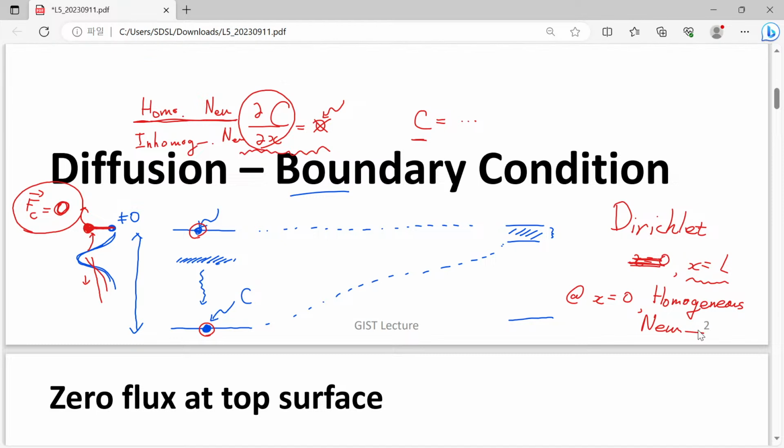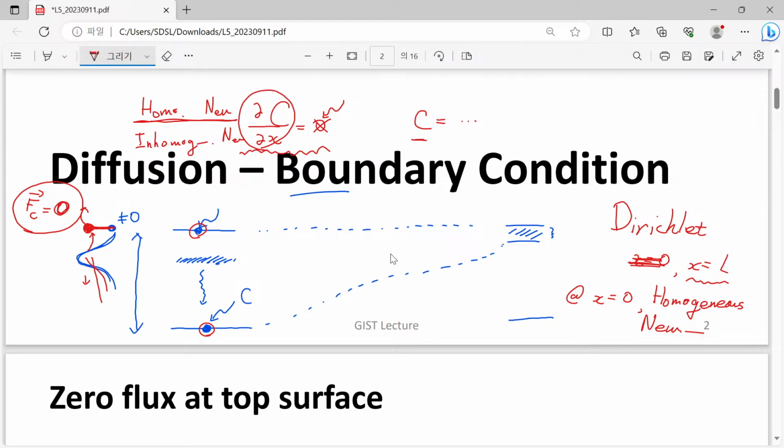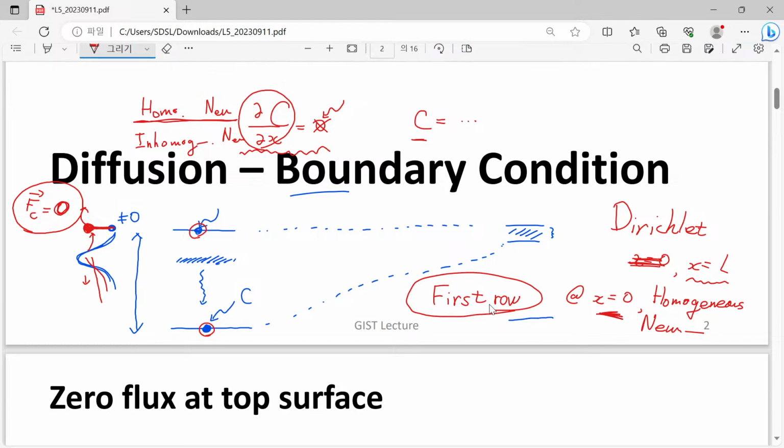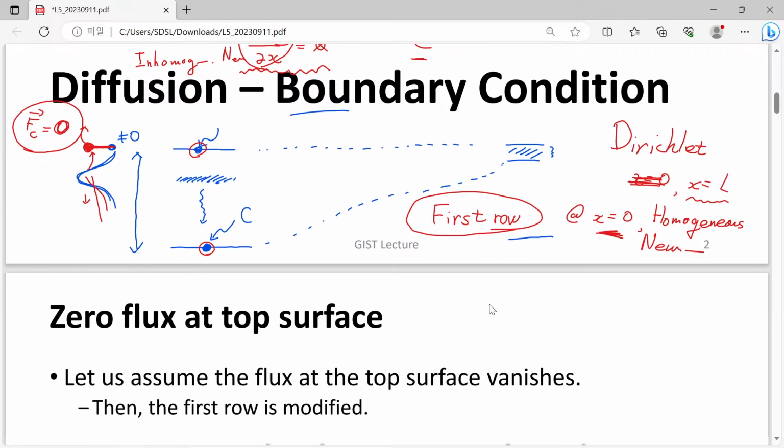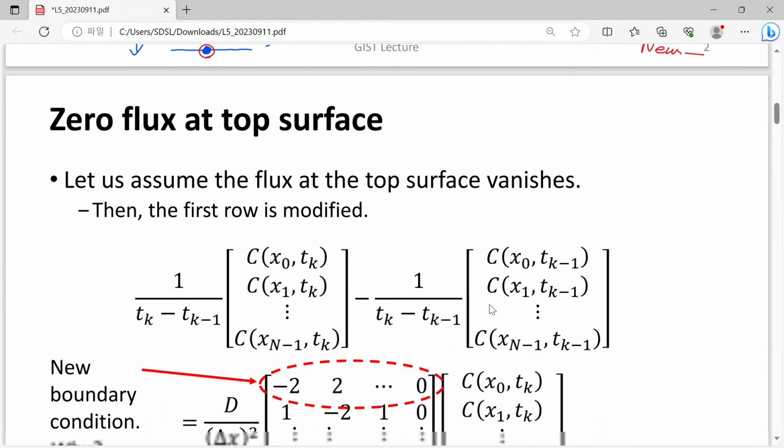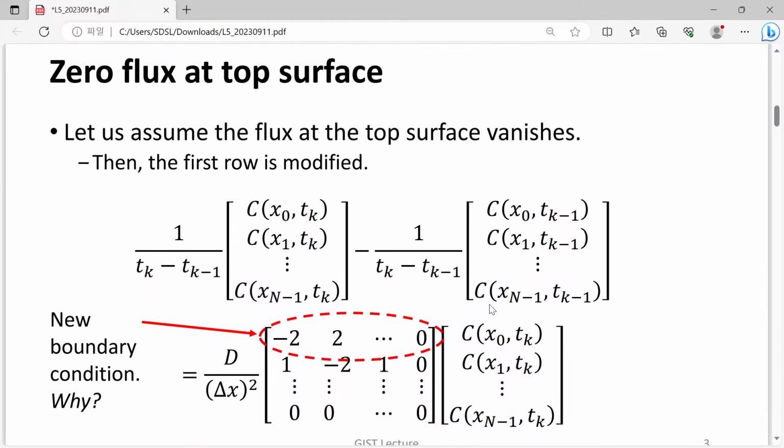Okay, so then how can we do that? That is my question. How can we set this boundary condition? You know that since this is related with x equal to 0, we have to modify the very first row of our system matrix. So you can easily expect this kind of modification. Let me just directly dive into my conclusion.